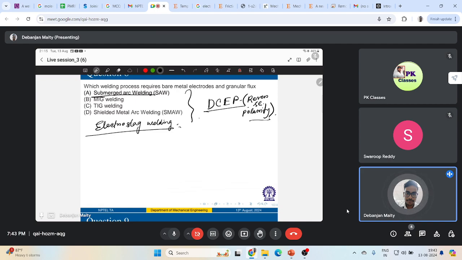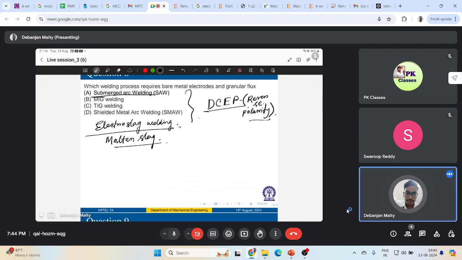In electro slag welding, this is a process that will melt and join metals by heating them with a pool of molten slag, right? That will be held between the metal and a continuously fed filler wire electrode. So I'll be using a molten slag in electro slag welding. That is the main aspect of electro slag welding.